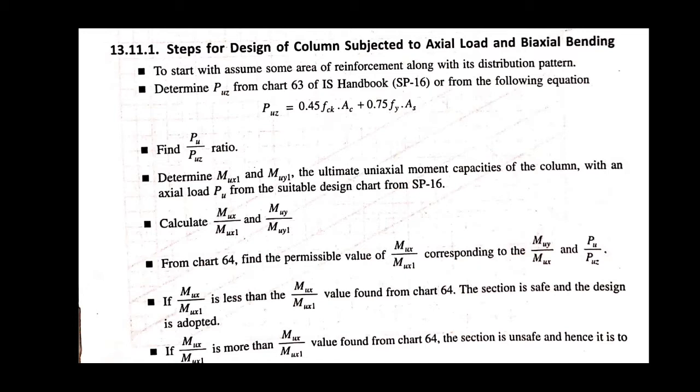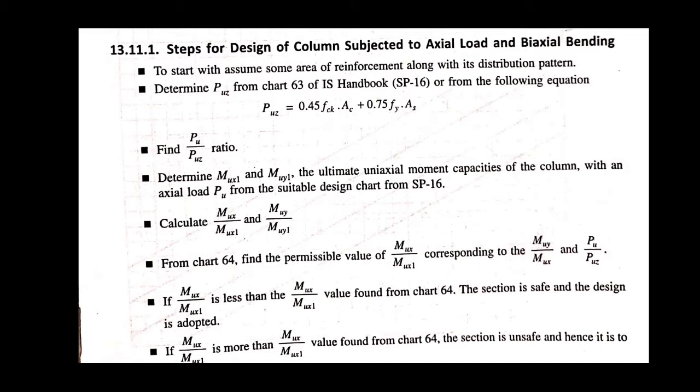Next step is we have to determine Puz from chart number 63 of IS handbook SP16 or from the following equation also. Puz is equal to 0.45 fck into Ac plus 0.75 fy into As. So, there are two methods to find out Puz depending upon the availability of values we have for a problem. After that we have to find Pu by Puz ratio.